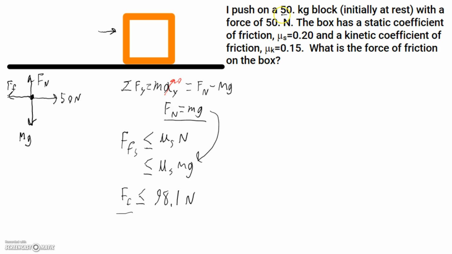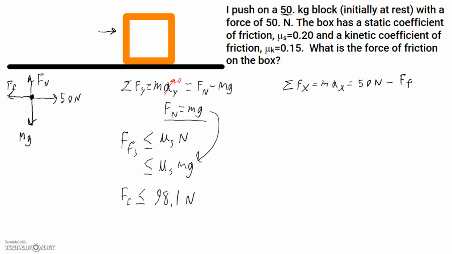So here we say that our force is 50 newtons, and so if we look at the sum of the forces in the x direction, equal to mass times acceleration in the x direction, we have 50 newtons minus the force of friction, and we're charged with finding what the force of friction is.